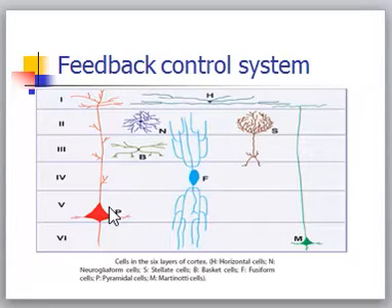This forms the anatomical basis of the feedback control. The dendrites of the cells in the deeper layers receive input from the thalamus, reticular formation, and other cortical areas. Afferents from the thalamus terminate mainly in the fourth layer of the cortex.